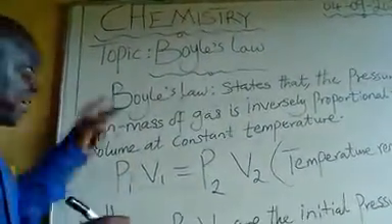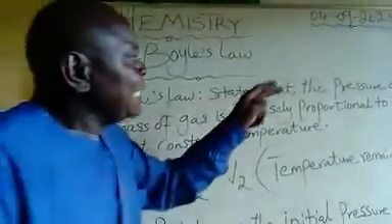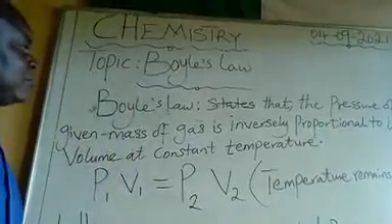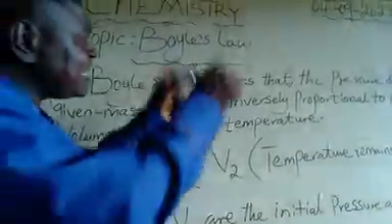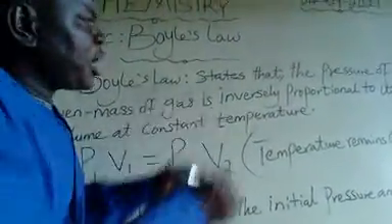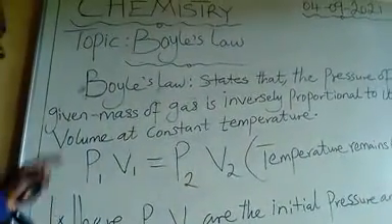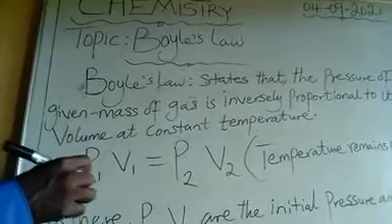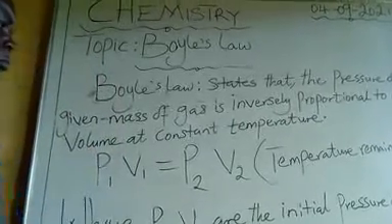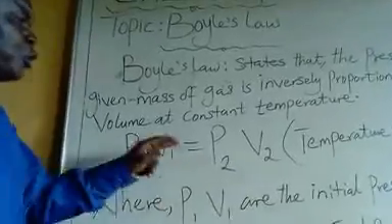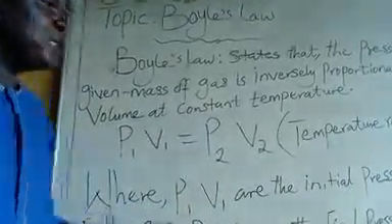Boyle's law states that the pressure of a given mass of gas is inversely proportional to its volume at constant temperature. P1 V1 equals P2 V2.